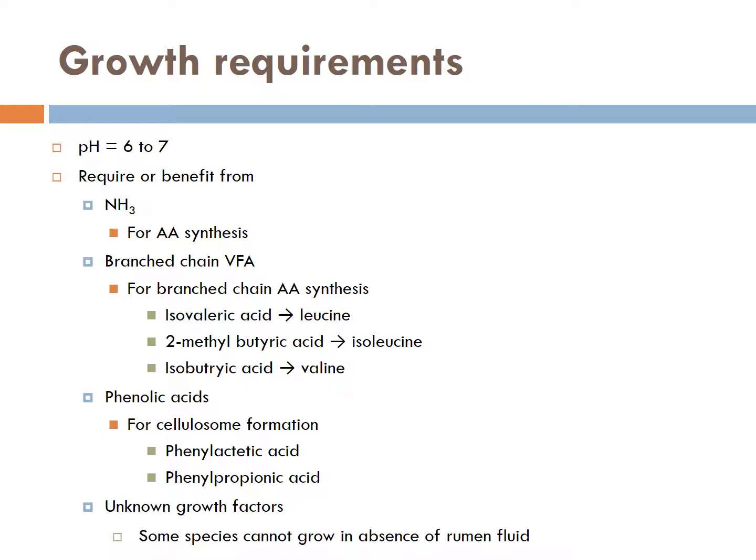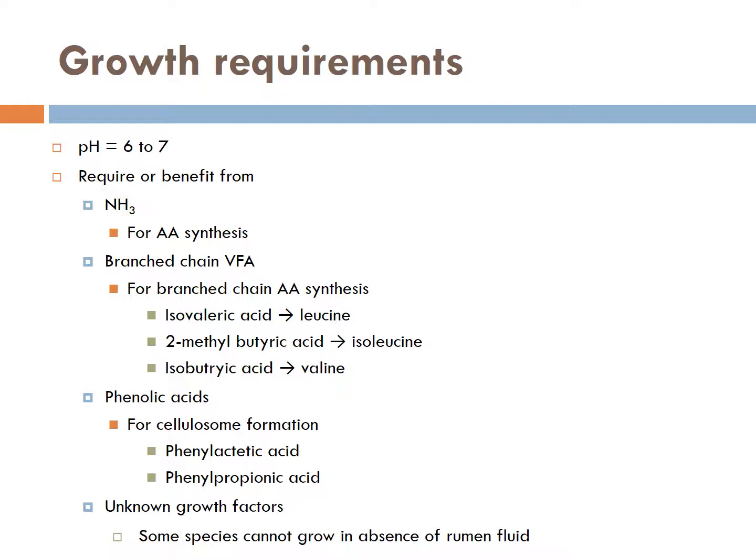The cellulytic species have unique growth requirements. They grow at a pH of 6 to 7, hence the reason why fiber digestion is depressed if rumen pH stays below 6. They require or benefit from several growth factors, including ammonia, branched-chain VFA, phenolic acids, and unknown growth factors.